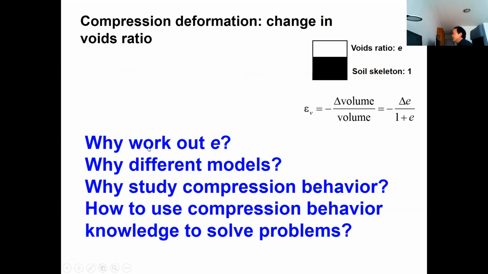So now you need to know why you want to study the void ratio of soil. You need to review different models. Why do we need different models? What's the difference between different models? Why do you want to study the compression behavior of soil? And how to use compression models to predict soil compression behavior, and how to use compression models for solving engineering problems.